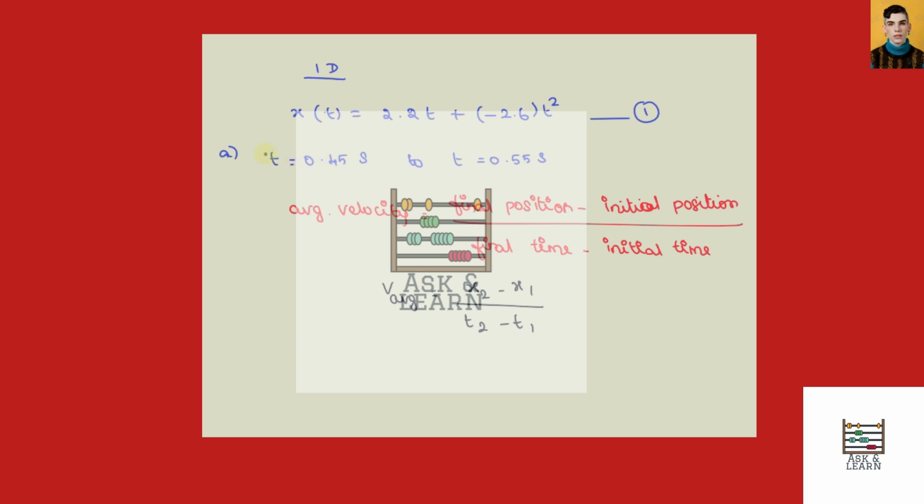So first let's substitute the t for initial and the final and calculate the x values. So x of 0.45 is equal to 2.2 into 0.45 minus 2.6 into 0.45 squared. As a result, we get the displacement is 0.4635 meters.